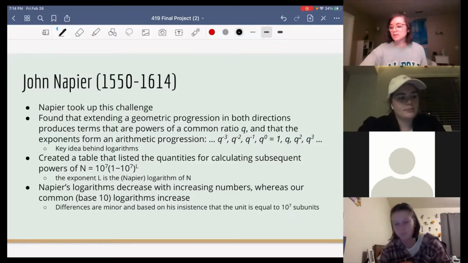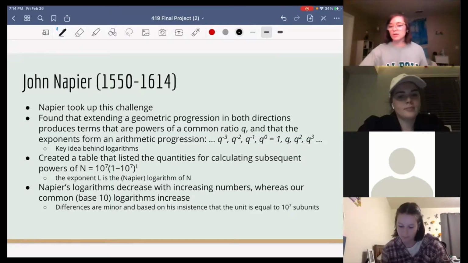So if we subtract from the full unit 1 a 10^7th part, then we get the number closest to 1 in the system, which is 0.9999999, or 1 minus 10^-7. So this was the common ratio, or according to Napier, the proportion that he used in constructing this table. The exponent L in this case is called the Naperian logarithm of N.